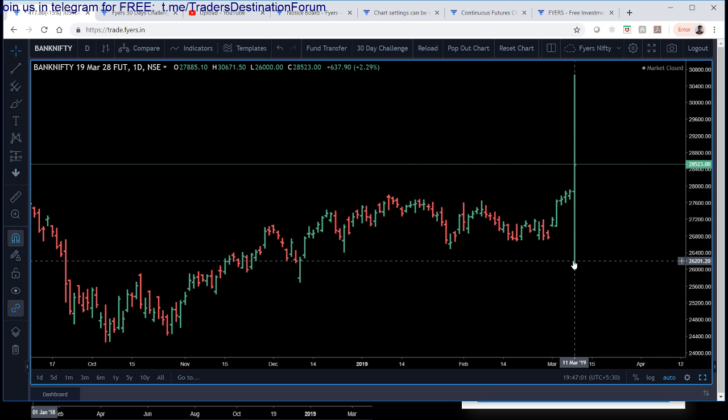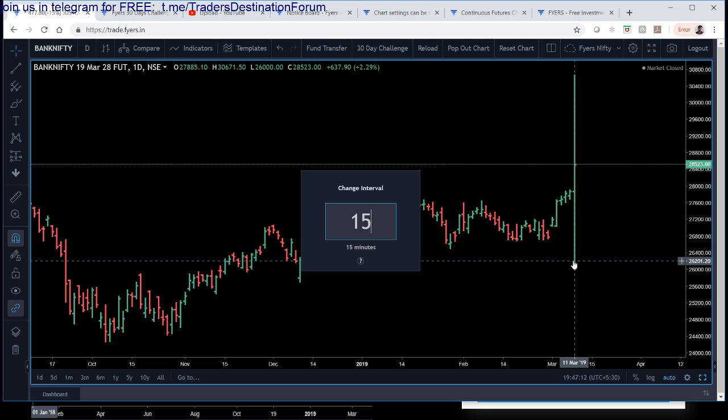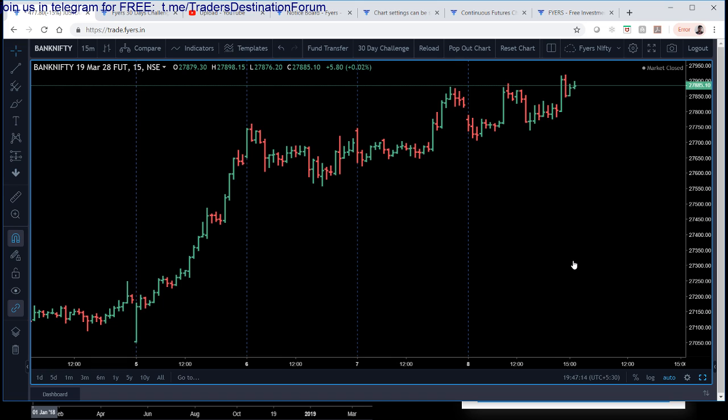Okay, so this helps you in multiple ways, because whenever you follow any strategy, especially in futures, and feel like backtesting it for whatever period of time, you will get that scope. Say for example, I am backtesting some strategy on a 15 minutes chart in Bank Nifty or any of the futures contracts, and I want to do it for the last 6 months, that option is practically not available.